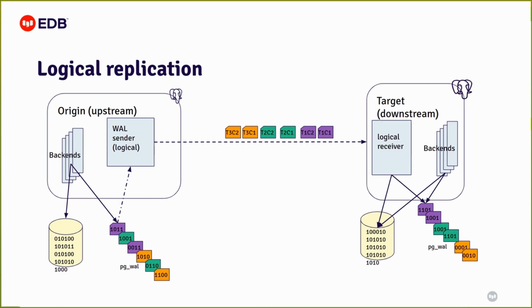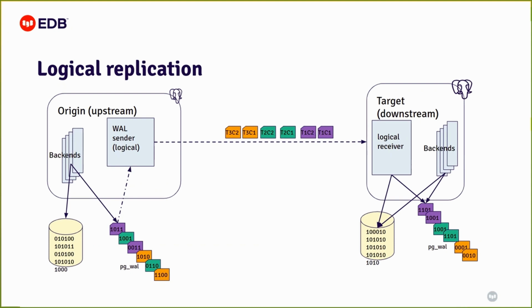The logical receiver on downstream receives these logical changes and applies them to the database on the downstream. And when it is applying, it also produces a stream of WAL records. As you might observe, the stream of WAL records on downstream is different from the stream of WAL records on the upstream, not just in their order, but also their content.